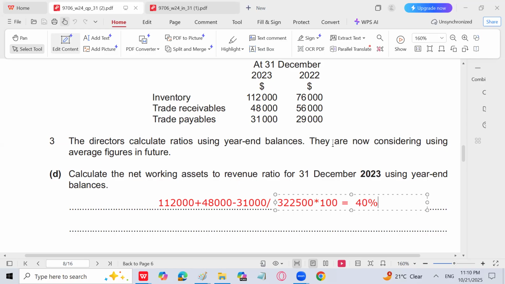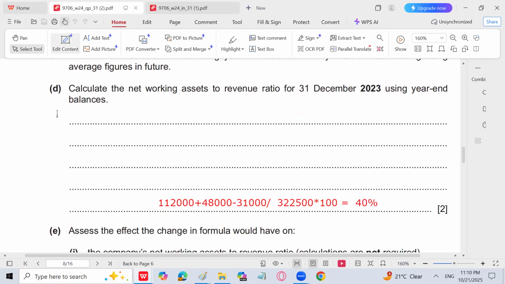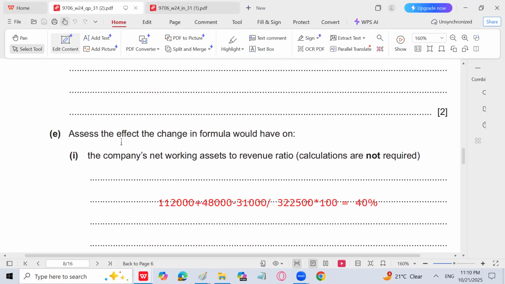By utilizing ending balances of inventory, trade receivable, and trade payable, we are not using average figures. Assess the effect the change in formula would have on the company's net working asset to revenue ratio. Calculations are not required.